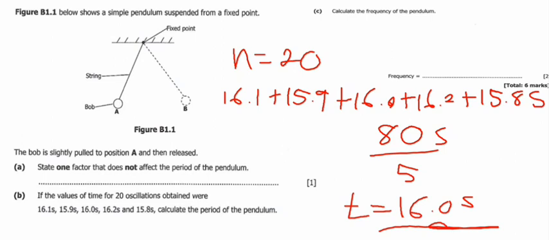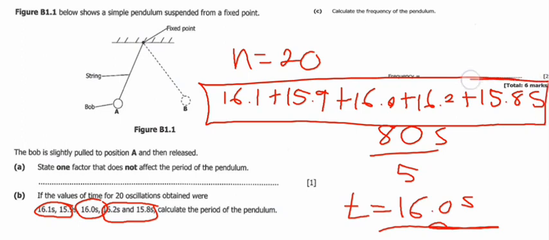So since here we are having 5 times, we can divide, whereby 16.1 and 16.1 is going to be 2, and 16.2 and 15.9 here we are going to have 2, which means the time which is at the middle is 16.0. So even on this part here, you can use this method or the other one, but I prefer you using this one to the one I showed at the end.